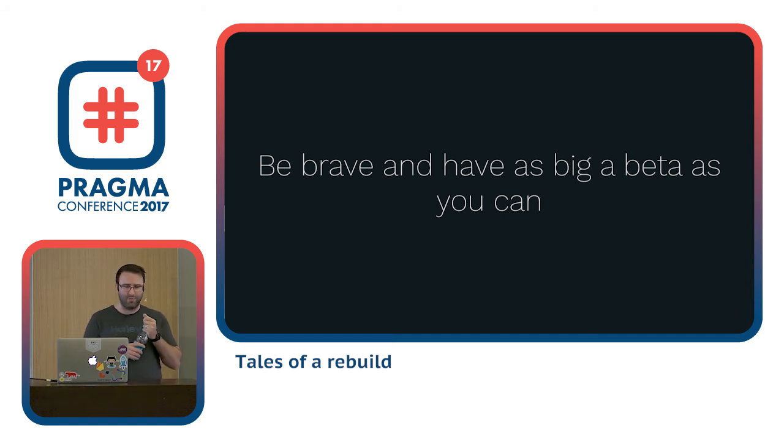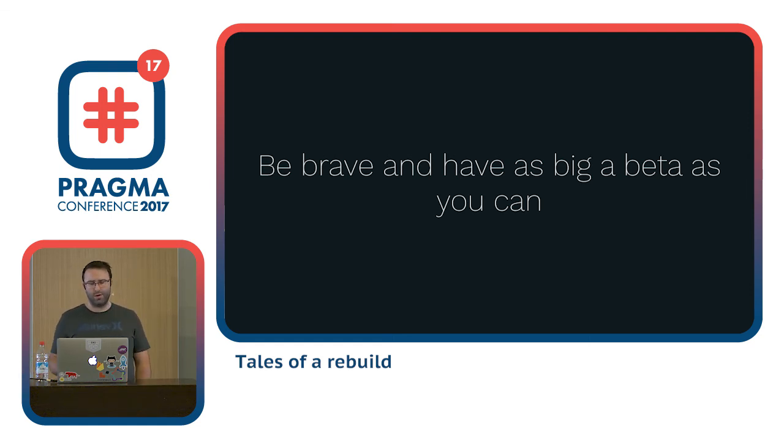So be brave, have as big a beta as you can. We learned this the hard way. We have about 100,000 monthly active users, and I think our beta was maybe 150 active users. As a percentage, that's really low, right?